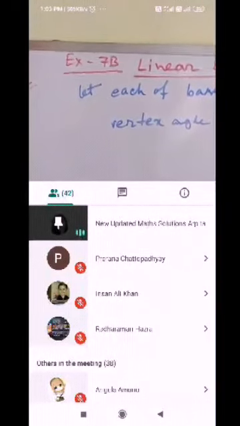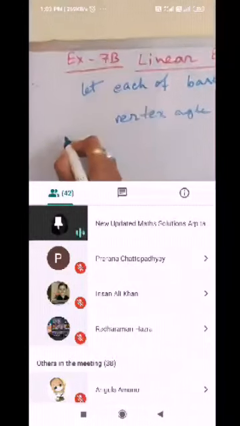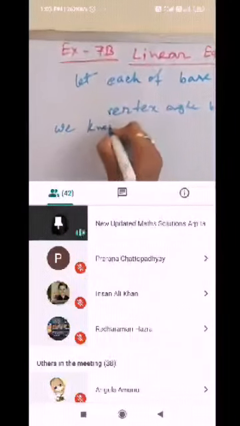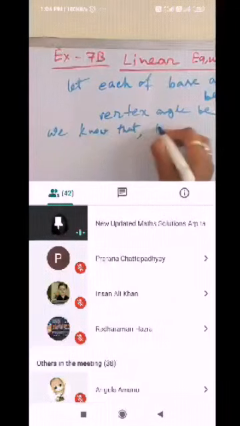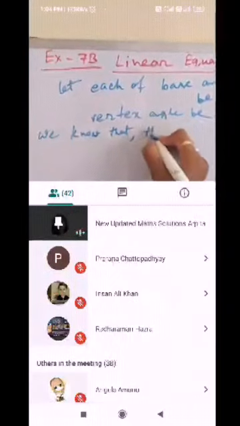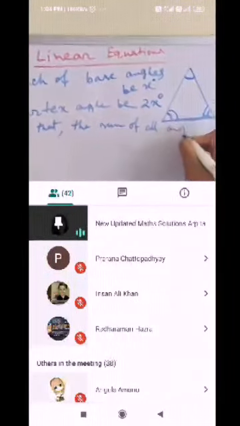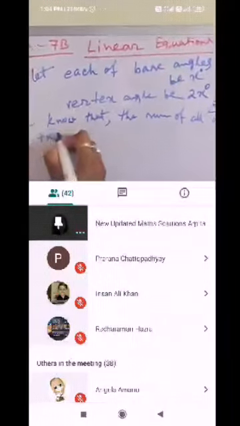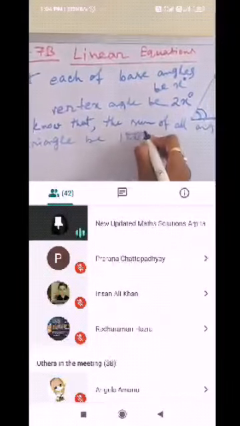Then what is given? Find the measures of the angles of the triangle. We know the angle sum property of a triangle, that is, the sum of all angles of a triangle is 180 degree.